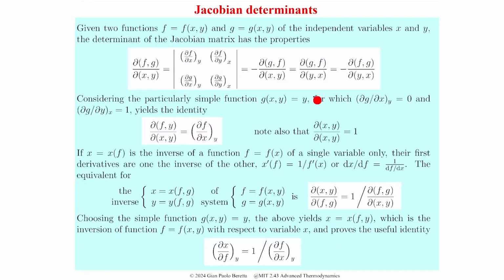Today, I want to introduce quickly, or review quickly, if you've seen it already, this other tool, which is the Jacobian determinants. So if you have a system of two functions, and you take the matrix in which you put all the partial derivatives in that fashion, the determinant of that matrix is called the Jacobian determinant.